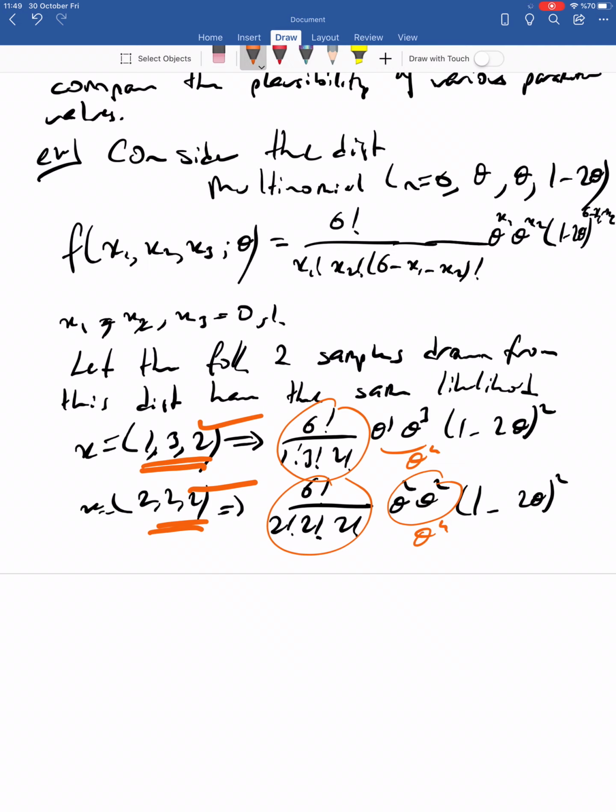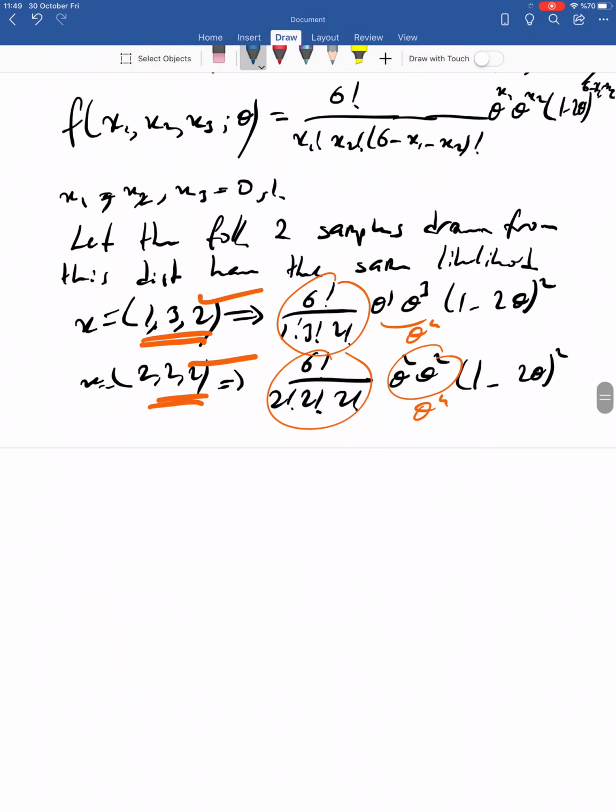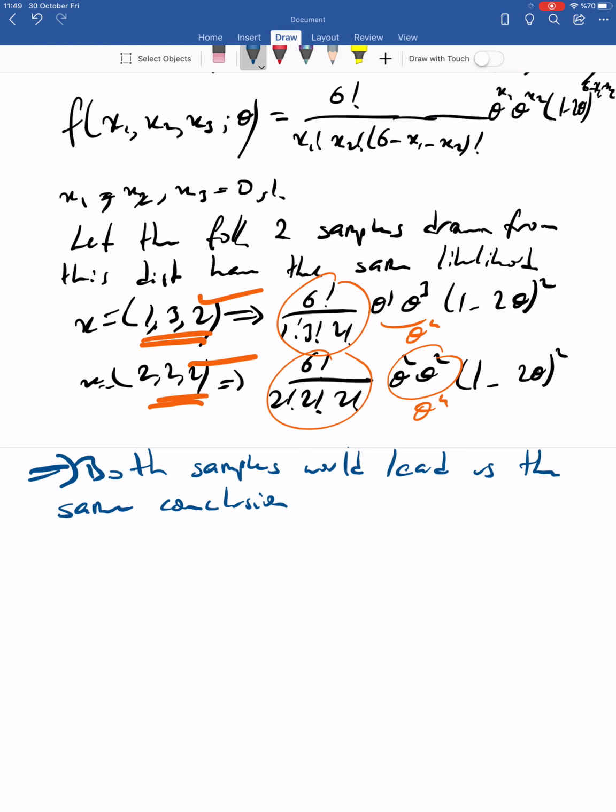Here we can say that both samples would lead us to the same conclusion regarding the relative plausibility of different values of theta.